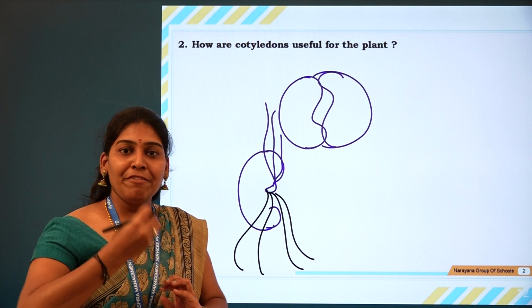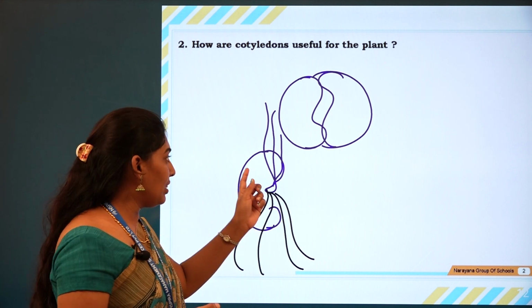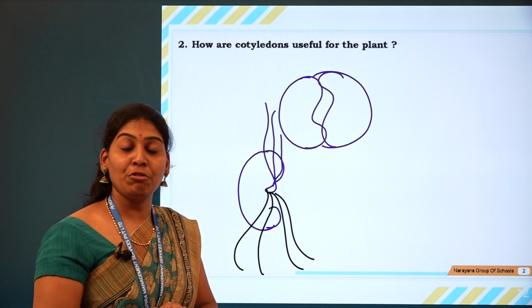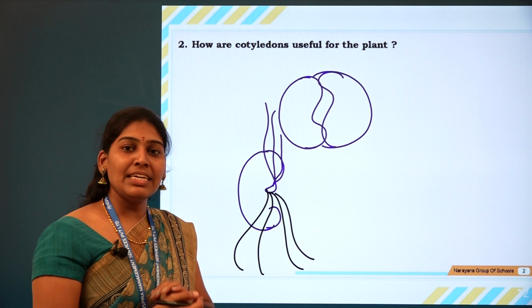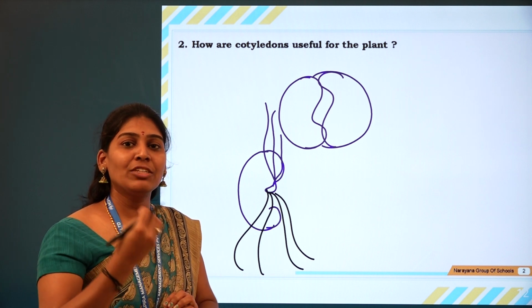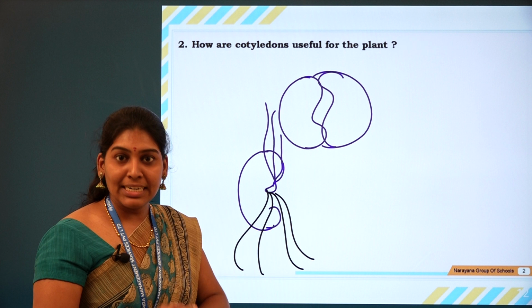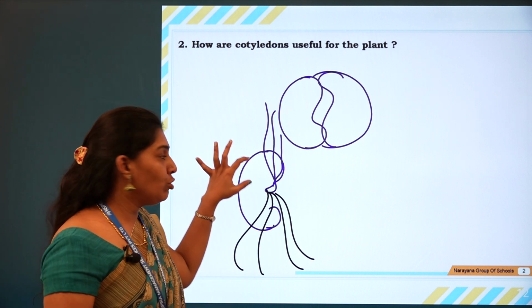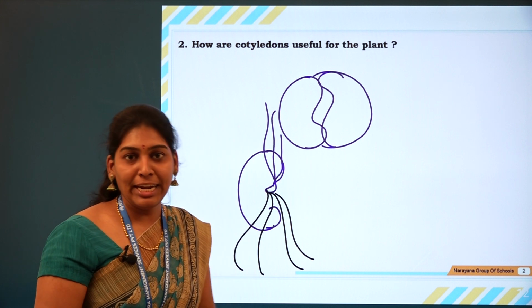They need food until the younger leaves undergo photosynthesis, that is, until the plant can make its own food material. Till that time the cotyledon provides food to the germinating seed.